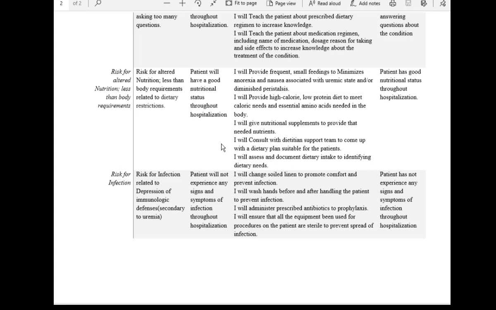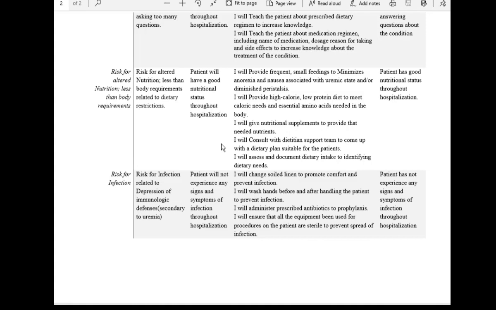So our diagnosis is risk for infection related to depression of immunologic defenses secondary to uremia, or you can just say risk for infection related to depression of immunologic defenses.